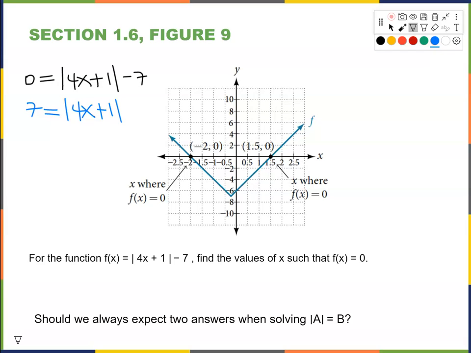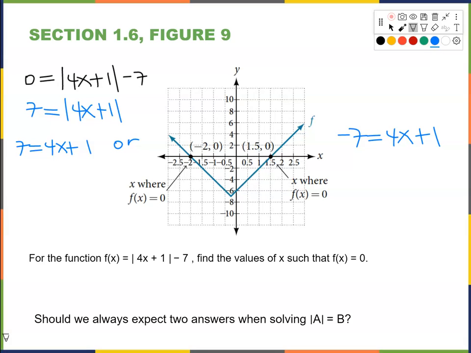And then to solve this, it is 7 is equal to 4x plus 1, or we're going to use the other side here. Negative 7 is equal to 4x plus 1.